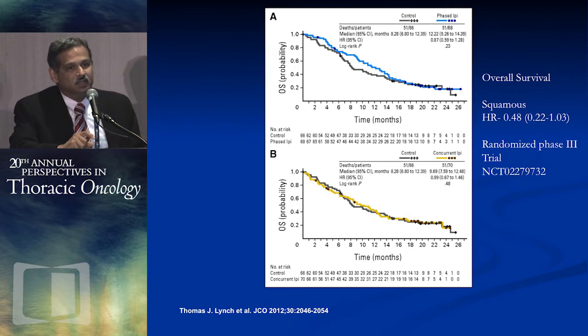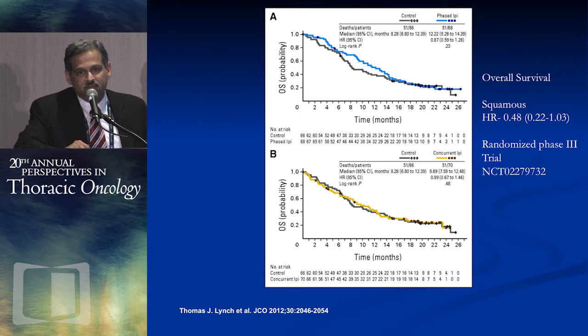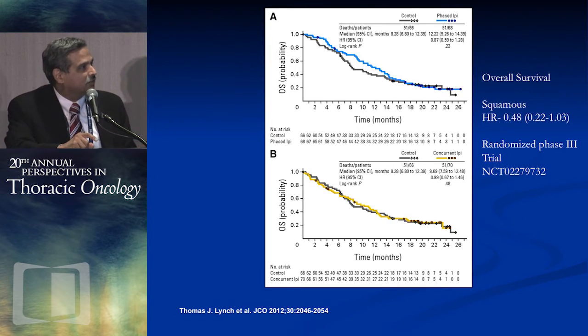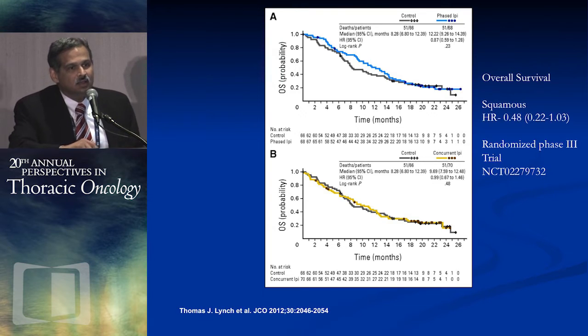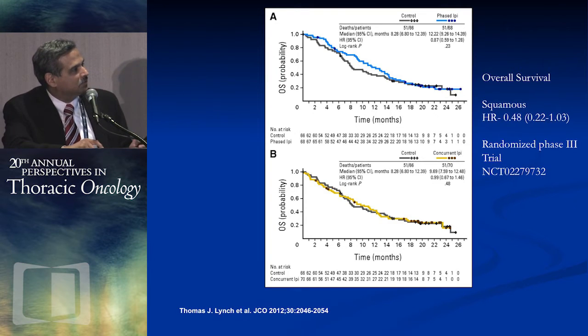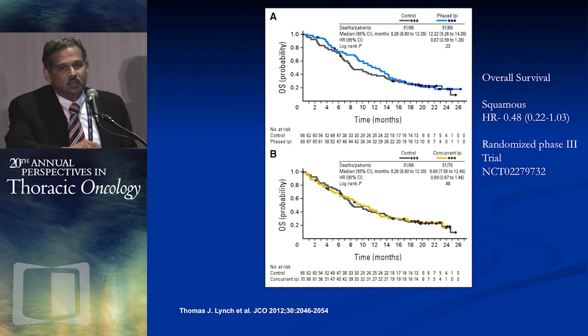What was interesting is that in a retrospective subset analysis, there did appear to be a survival difference in the squamous cell patients, with a hazard ratio of 0.48. Based on these data, a randomized phase 3 study, which I believe has already been completed, was conducted in squamous cell lung cancer patients, and we'll see what those results show.